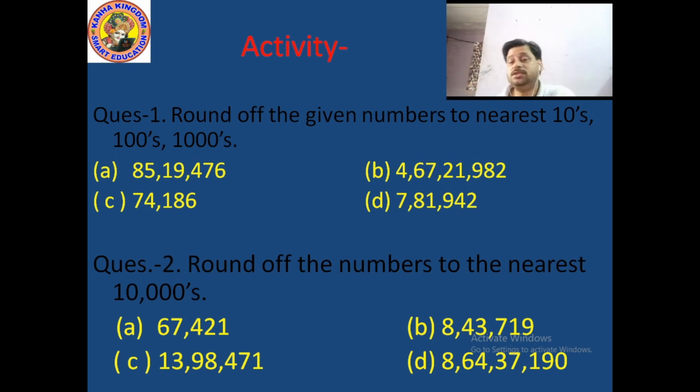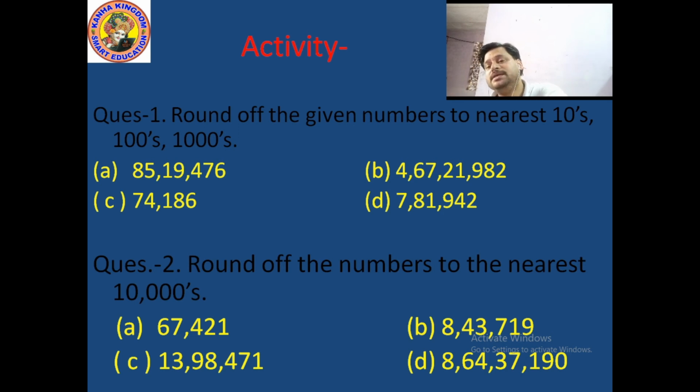Now the C part of this question. C part is 74,186. Here also, when you convert this number to nearest 10, what do you have to do? First you see two place values, that is the ones place and tens place. Here also two rules.